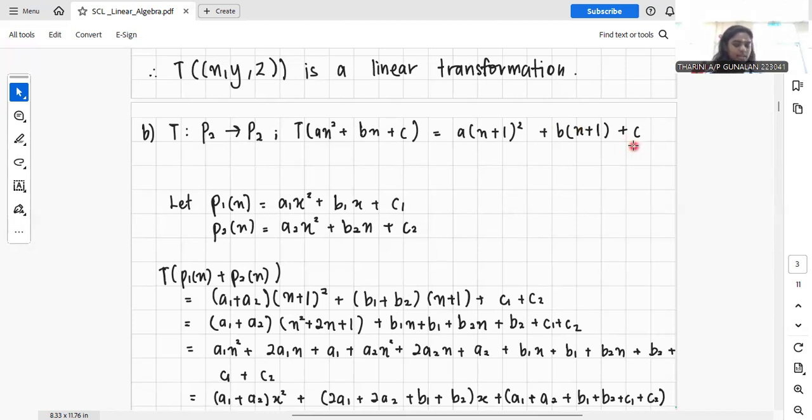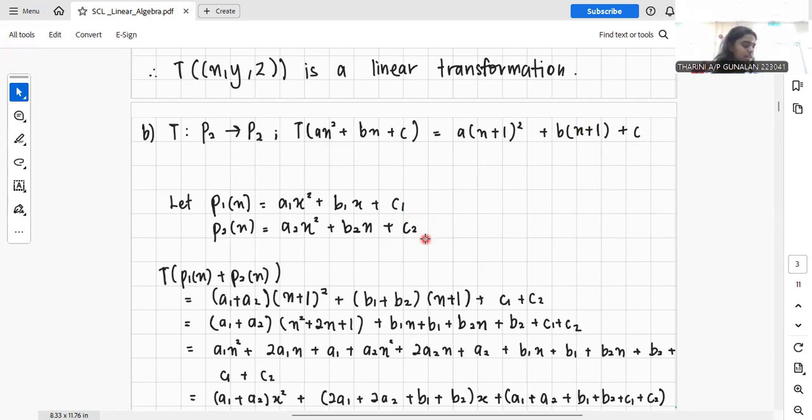that, assume that P1(x) equals a1x squared plus b1x plus c1, and we assume P2(x) equals a2x squared plus b2x plus c2. So we want to prove the additivity property.